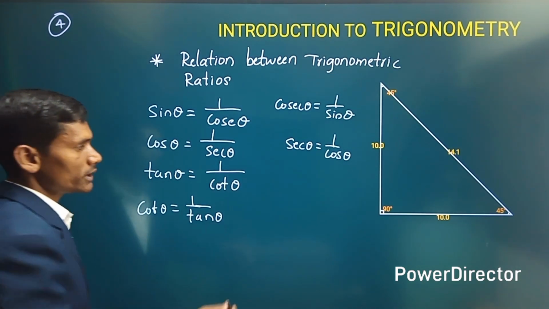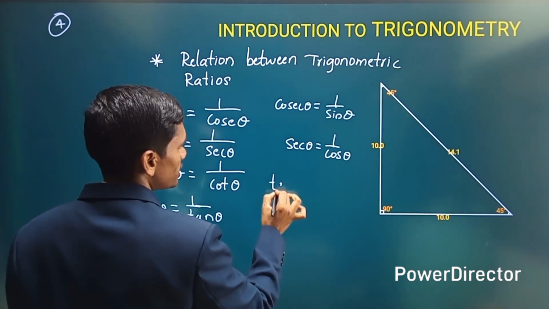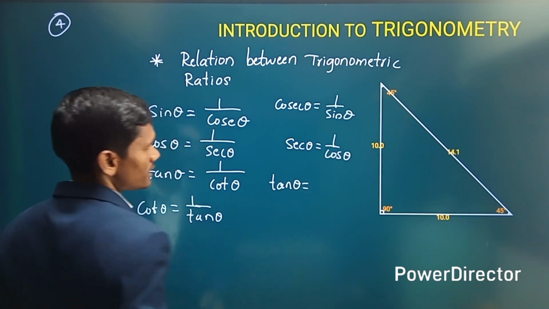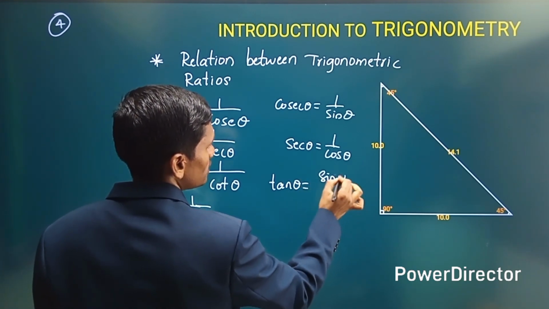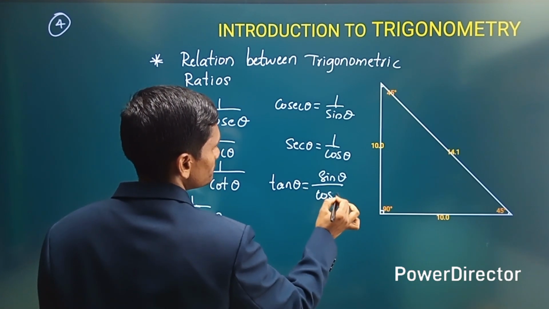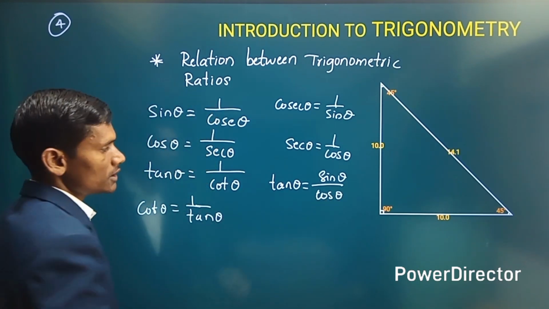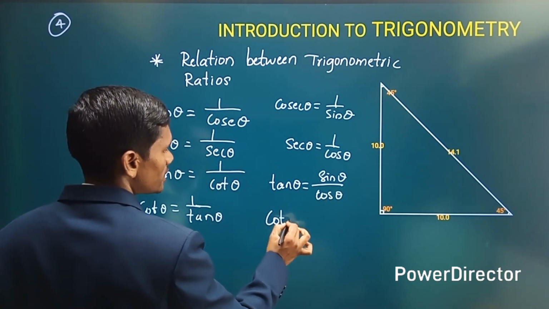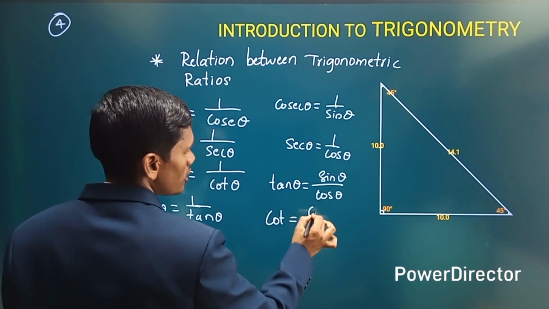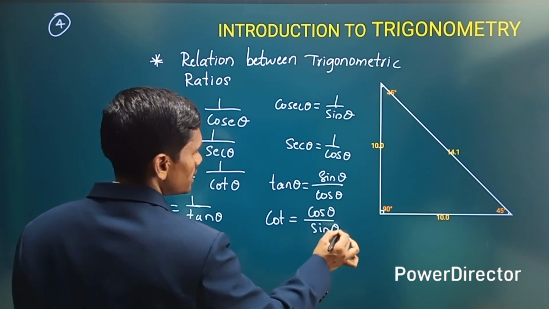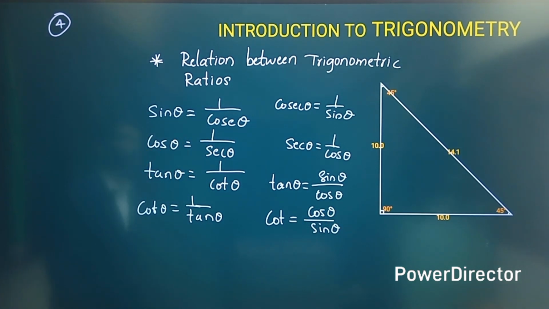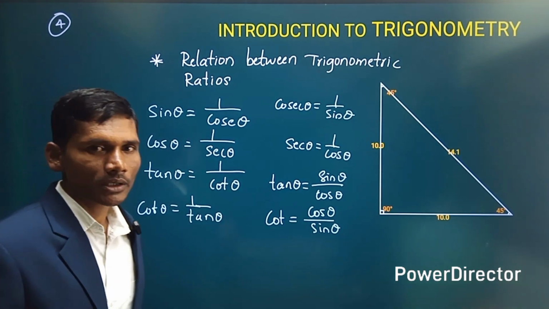And one more thing, tan theta can be written as sin theta divided by cos theta, and cot theta can be expressed as cos theta divided by sin theta, right? These are the relationships between trigonometric ratios.